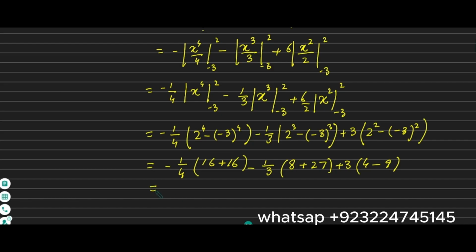Now we simplify it: minus 1 by 4, 32, minus 1 by 3, 35, plus 3 into minus 5.